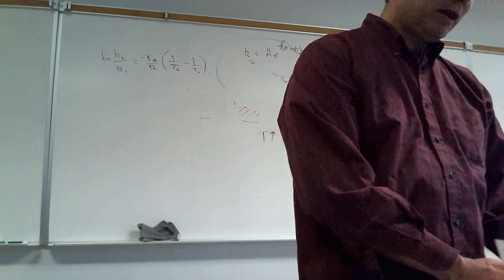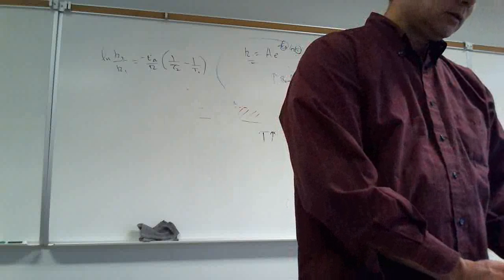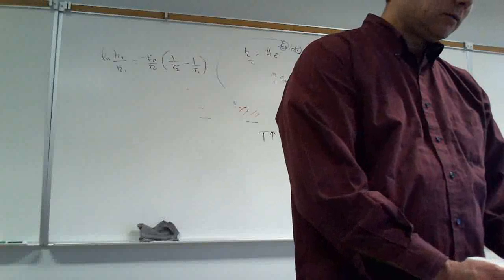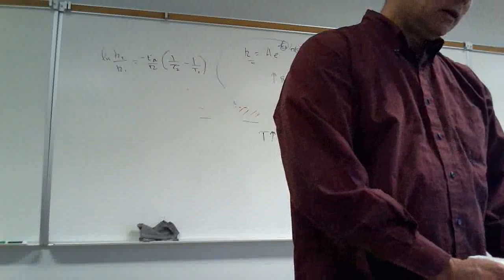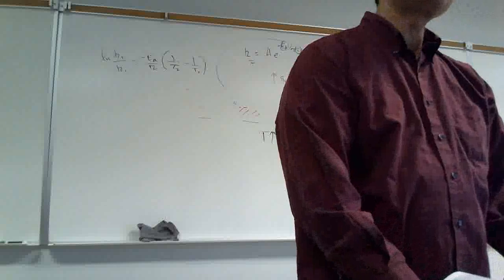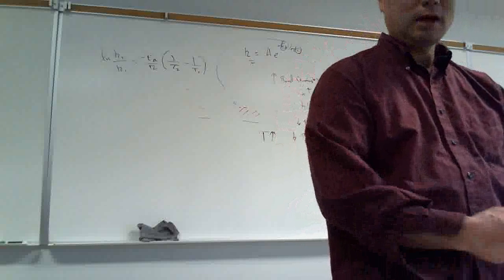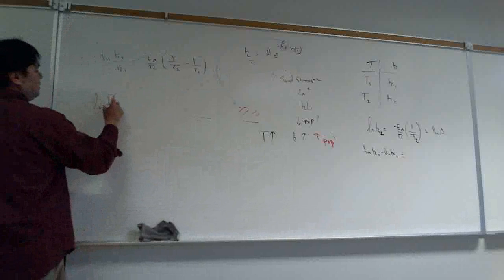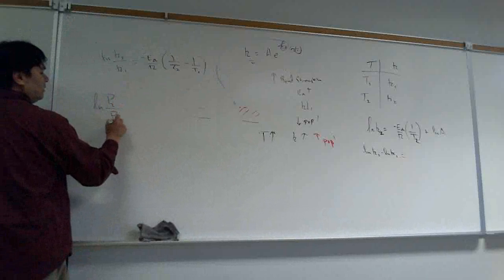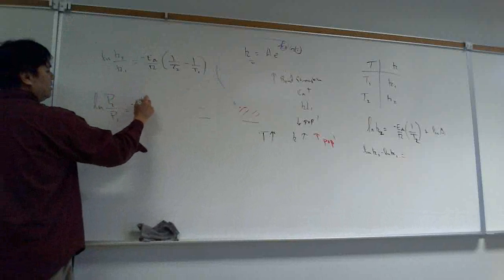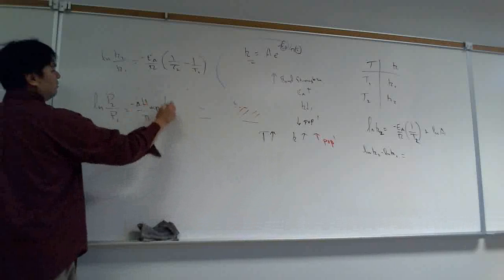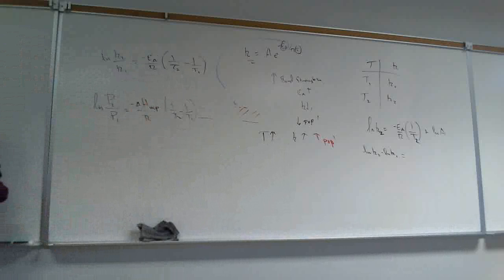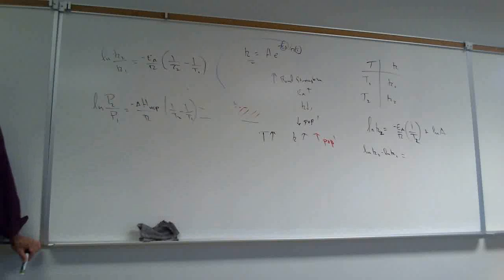Do you remember vapor pressure? It's exactly the same: ln of P2 over P1 is equal to minus delta H vap over R, 1 over T2 minus 1 over T1. Don't remember that?